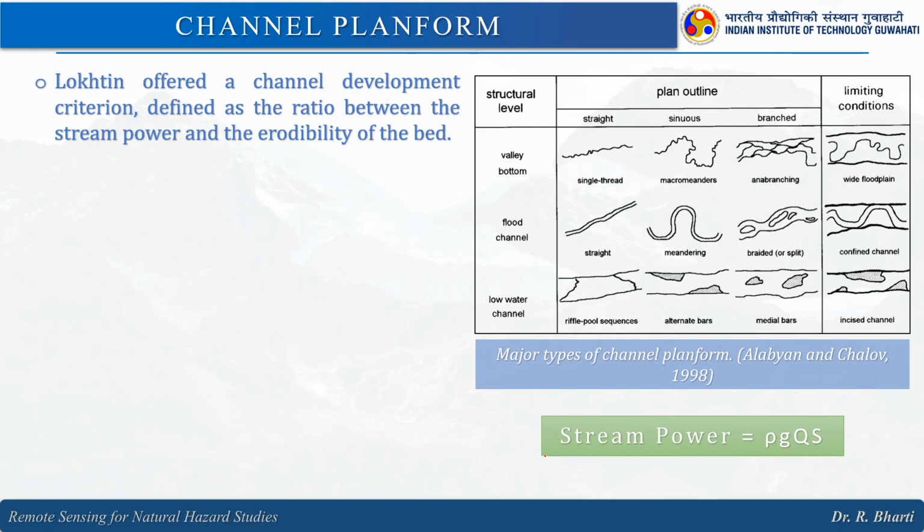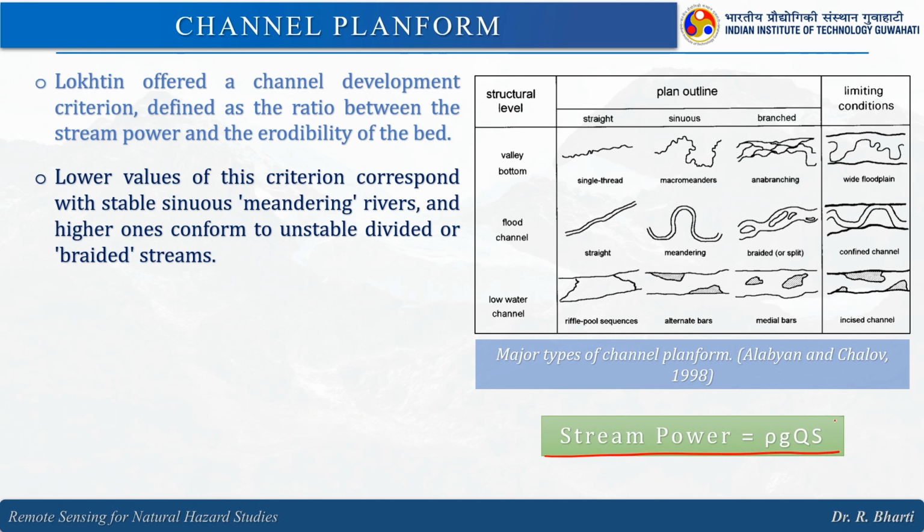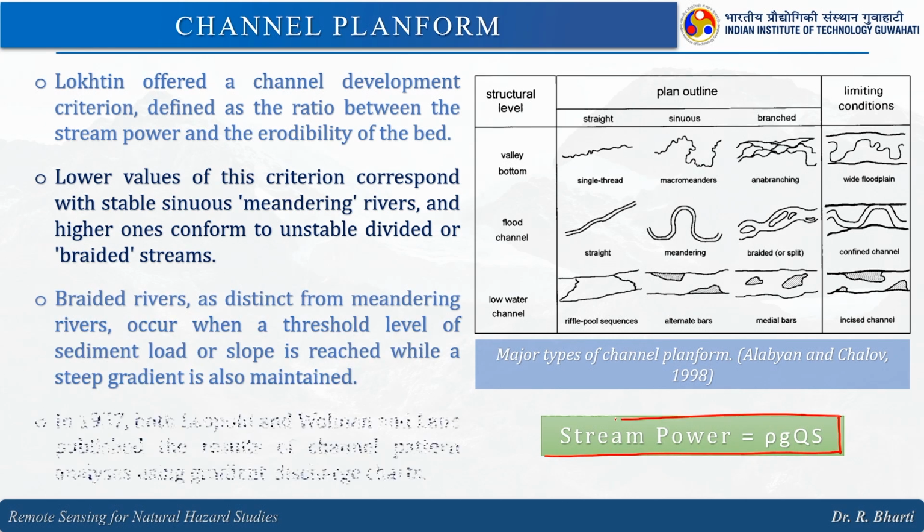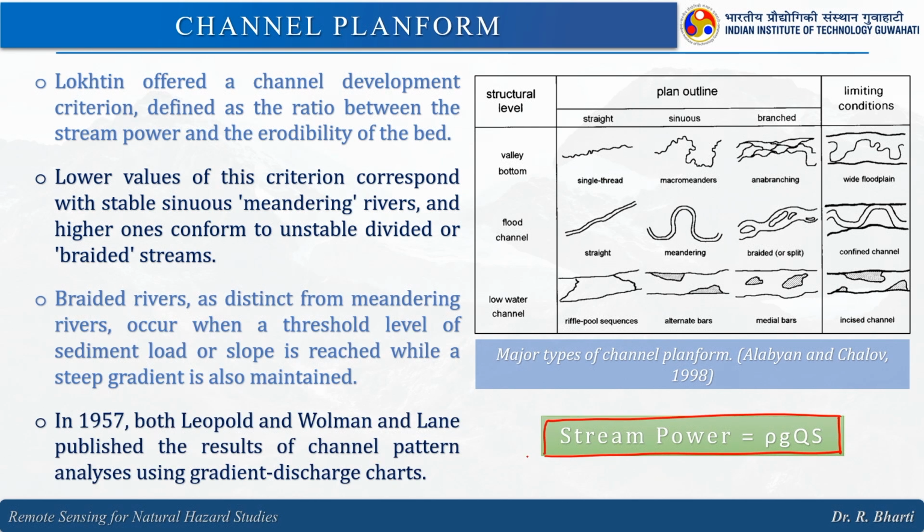So when we talk about the stream power, we all know that we can quantify it using this equation. Leopold offered a channel development criterion defined as the ratio between the stream power and the erodibility of the bed.